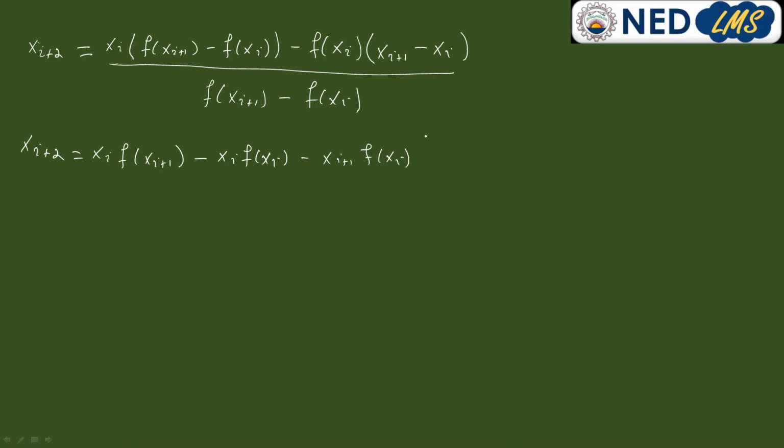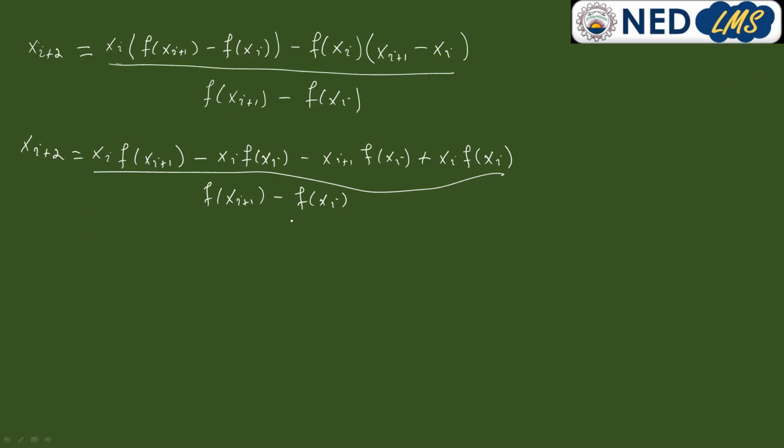These i and i plus 1 are in subscript. This minus into minus gives plus x_i into f of x_i, and the whole divided by f of x_{i+1} minus f of x_i.